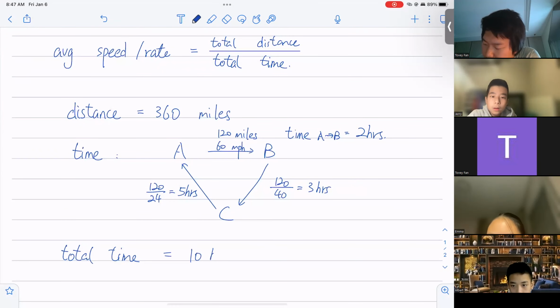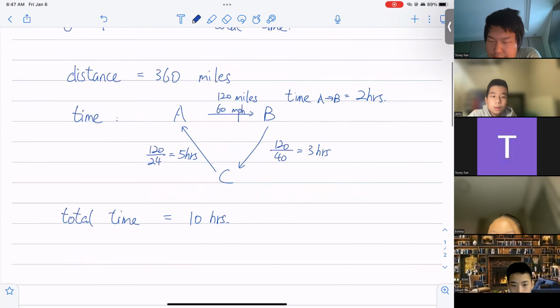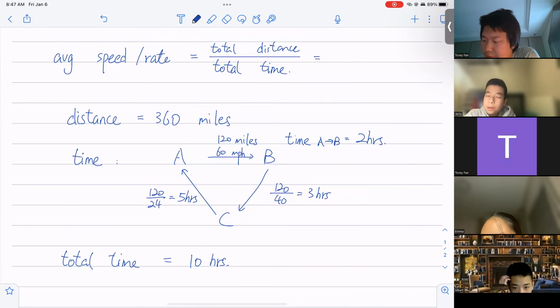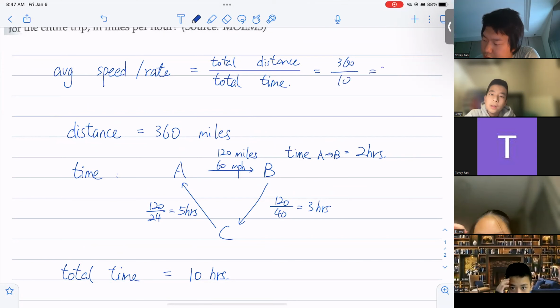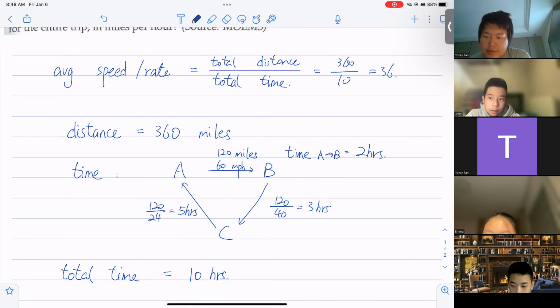You add them up, it will be 10 hours, right? And eventually, your average speed will be what? Total would be 360 divided by 10, so 36. Exactly. So 36 miles per hour is the total average speed. Yes, very good. Very nice.